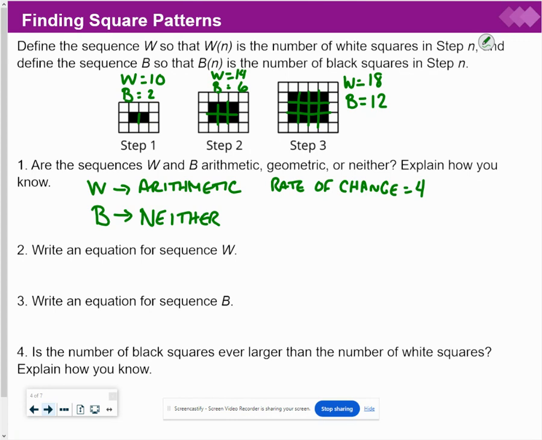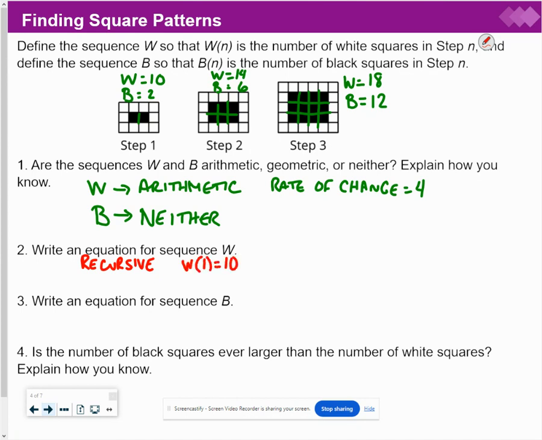So for number 2 now, it says write an equation for sequence W. Again, I'm going to do both recursive and nth term. So for the recursive, when I'm writing it like this, I have step 1. So let's just use what we've been doing in the past for step 1, right? I would have W of 1 is 10.